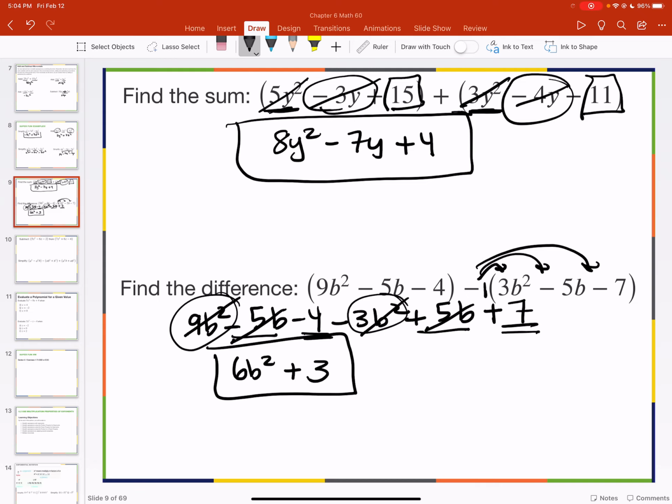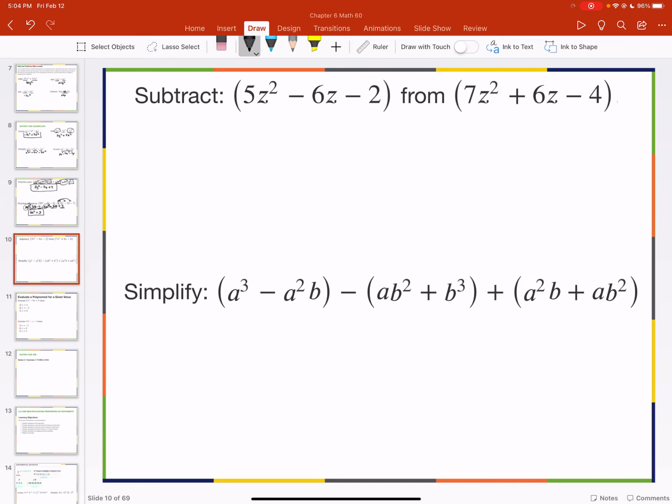Okay, so let's go ahead and do a couple more. So when you're saying, okay, subtract 5z squared minus 6z minus 2 from 7z squared plus 6z minus 4, that means that this term comes first. And this is the second, okay?